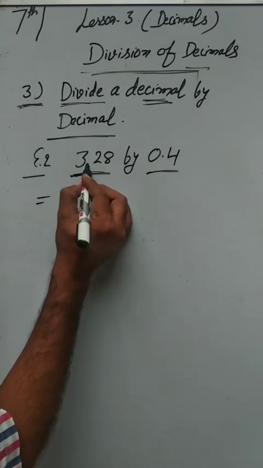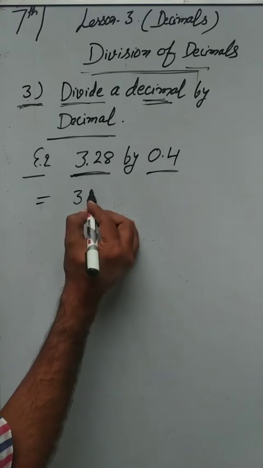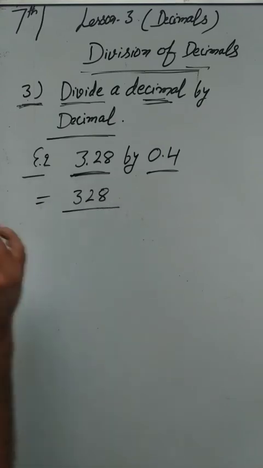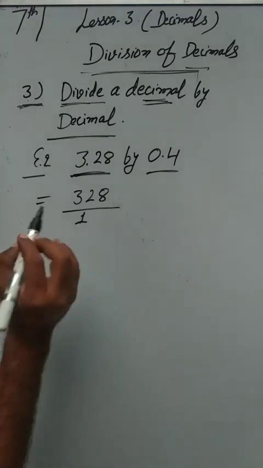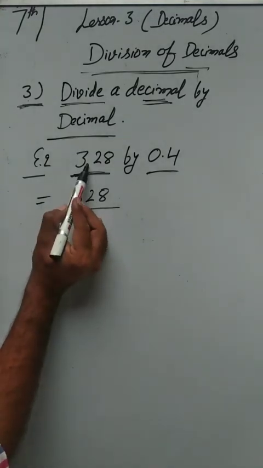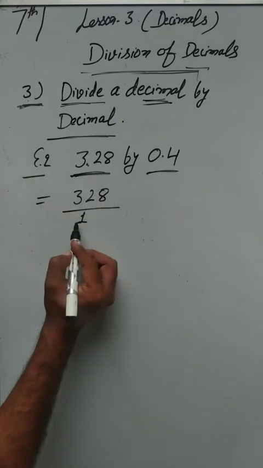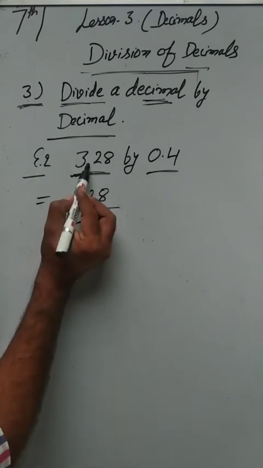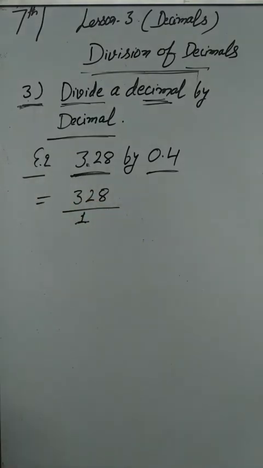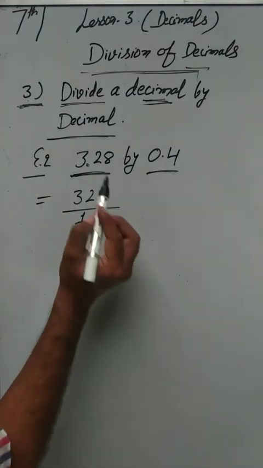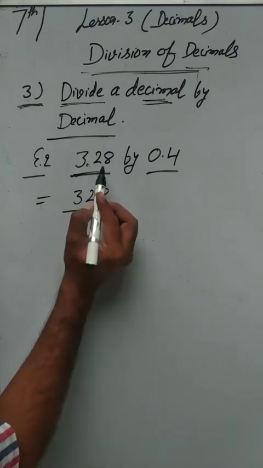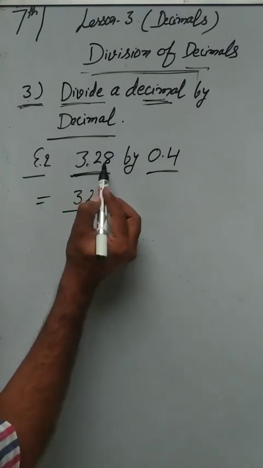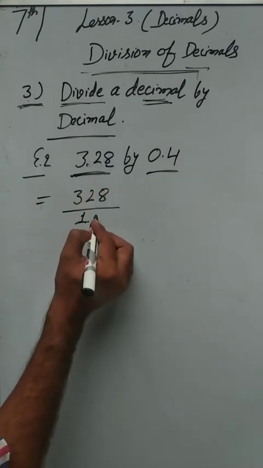Look here, 3.28. Remove the decimal, place the zeros here. Now beta, when I remove the decimal from here, place the number of zeros according to the number of decimal places. How many decimal places are here? 1, 2. So simply place 2 zeros with 1.